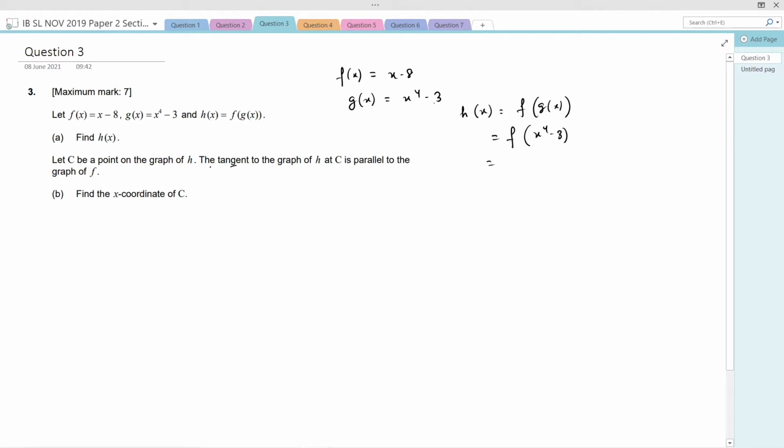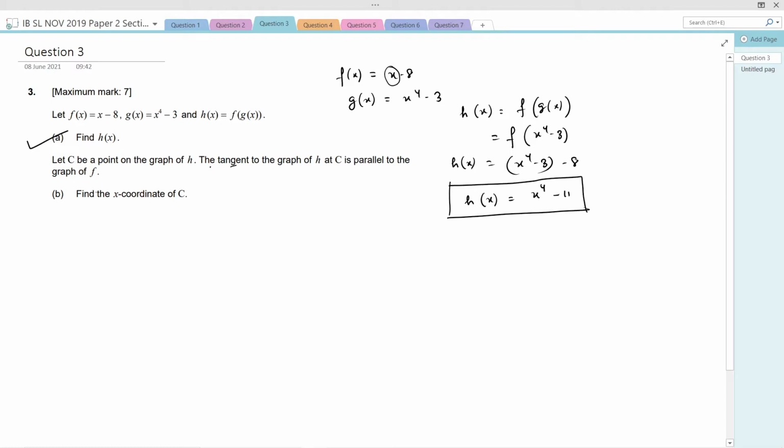So for f(x), the value of x will now be x to the power 4 minus 3. So x to the power 4 minus 3 minus 8, this will be the value of h(x). So h(x) is equal to x to the power 4 minus 11. So this is the value of the composite function. Okay, so find h(x), it is the value.